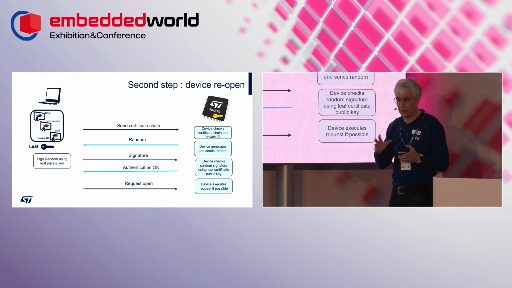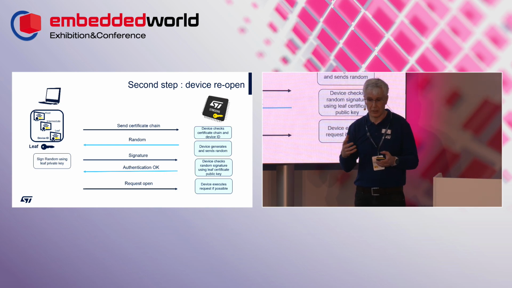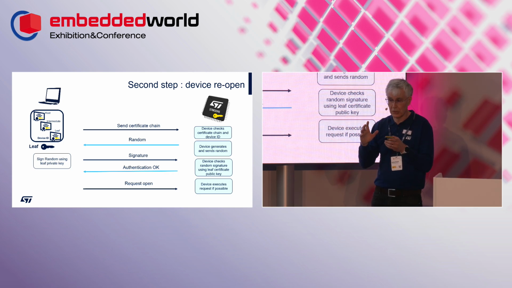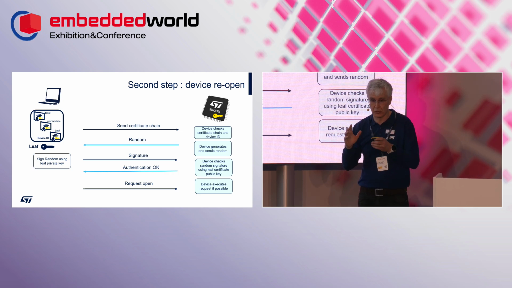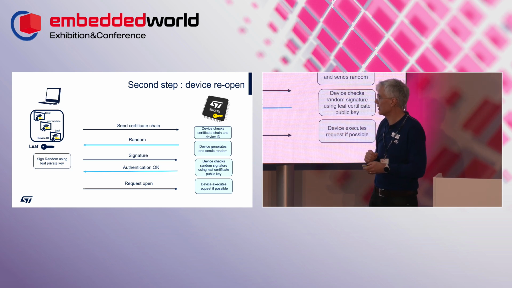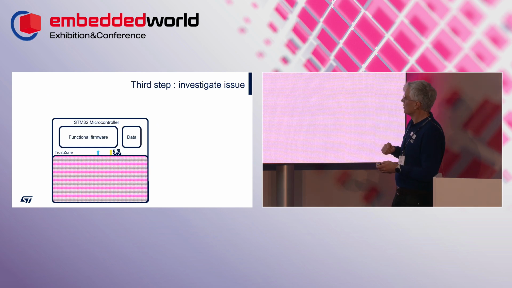So it's very, very flexible in the way you manage it. You can see that you give someone the ability to reopen only one device, so they can investigate one device at a certain level. So this is what you get.